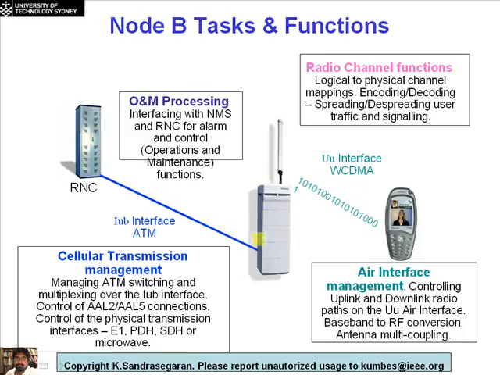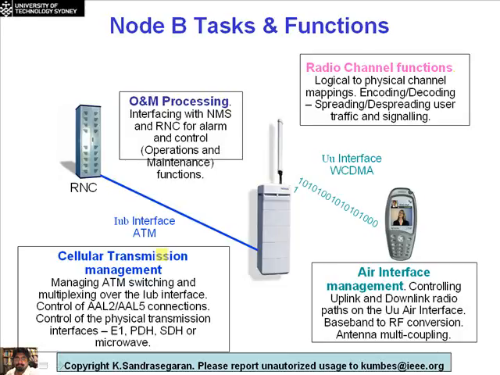Then the Node B also has to transmit, in the form of ATM cells, all of the data that it is receiving from the user, and that is called cellular transmission management. And then there's also basic O&M processing. Remember, every network element that we had on the diagram that we drew before communicates back to a network management system.